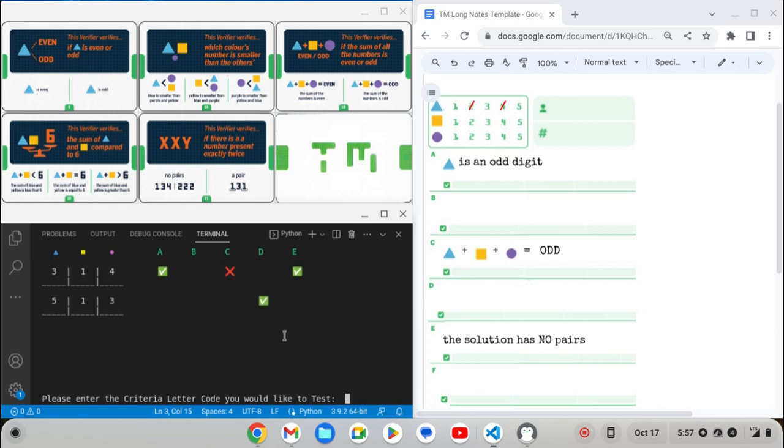Okay, yes, absolutely. So yeah, we do know that the sum of the first 2 digits, triangle and square, is actually 6. So let's go ahead and type that up, and we'll say that triangle plus square is equal to 6.